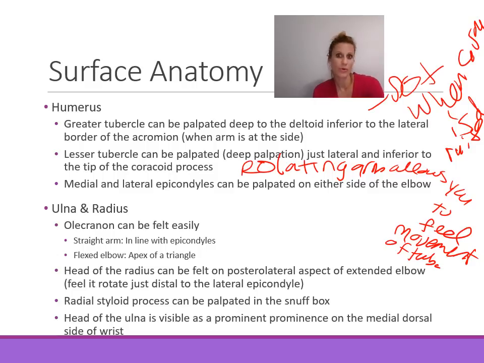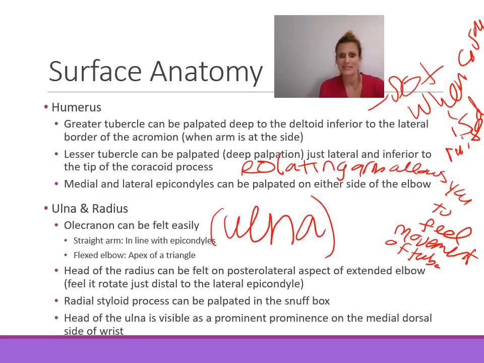There are also multiple bony prominences that can be felt in the forearm, or the antebrachial area. The olecranon of the ulna is easily seen and felt. The olecranon is the most bony protrusion of the elbow.